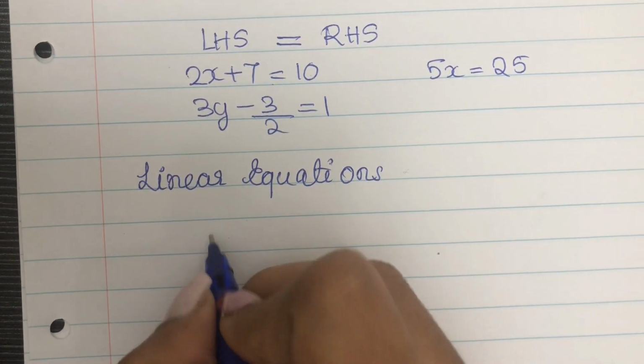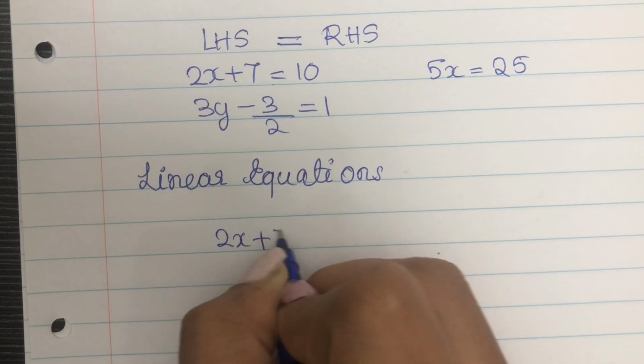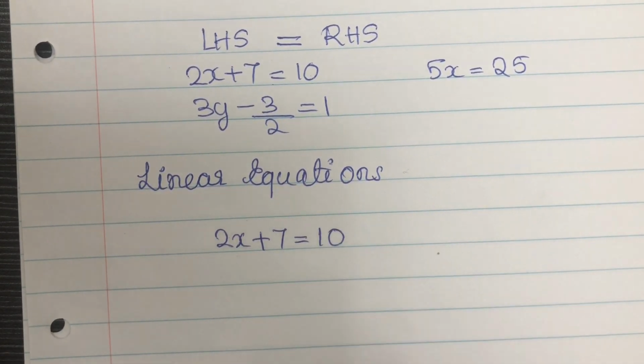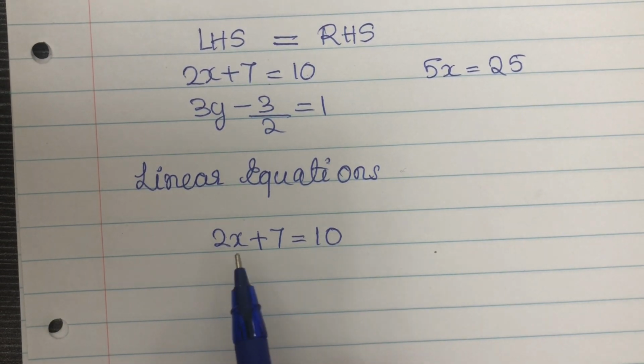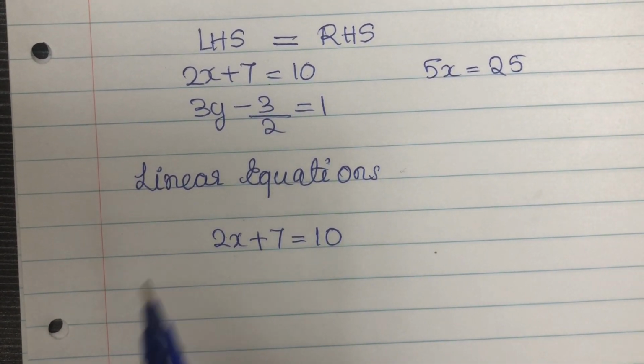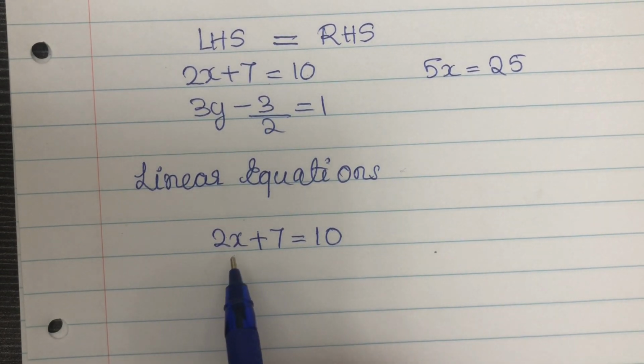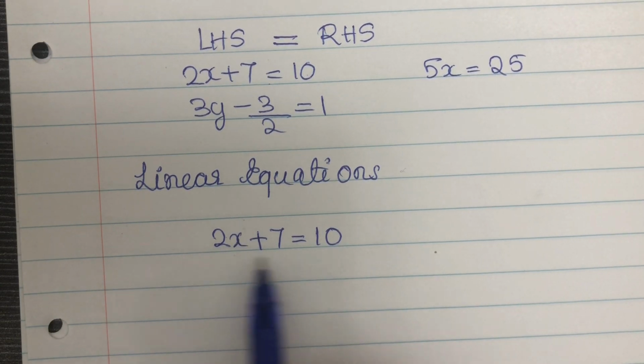For example, we have seen 2x plus 7 equal to 10. Here, which is a variable term? 2x is a variable term and x is a variable, right? So here, if the highest power of the variable is 1, then it is a linear equation. So here, the highest power of x is what? Only 1, right? So it is a linear equation.